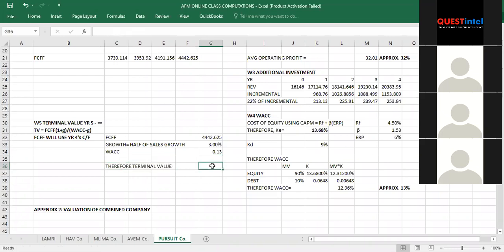So our terminal value will now be equal to our free cash flow times 1 plus G, divided by our WACC minus G. So I hope we have the same values. So 45,759.04, right?